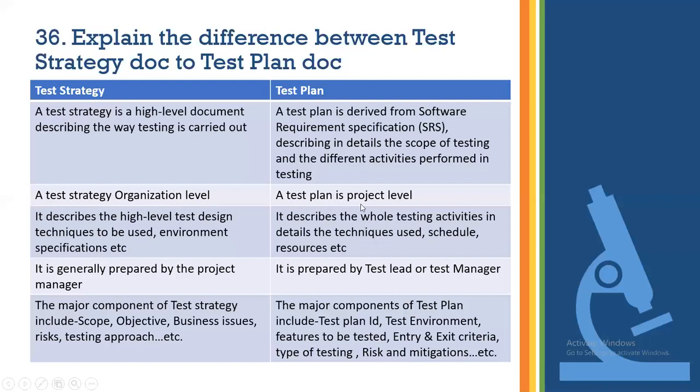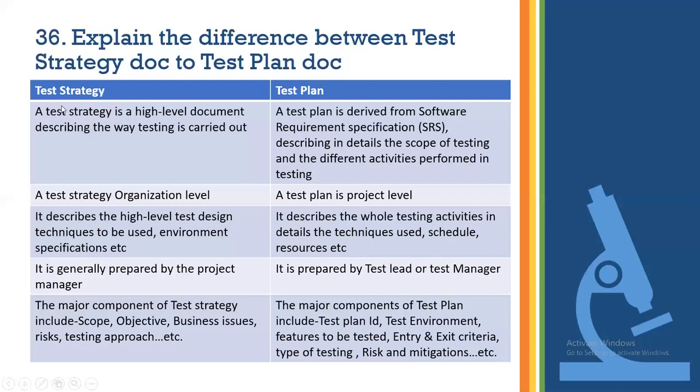A test plan is project level. It describes the high-level test design techniques to be used and environment specifications, that means which tools are available in the company, for defect reporting and functional testing. It describes the whole testing activities in detail, the techniques used, schedule, resources, etc.